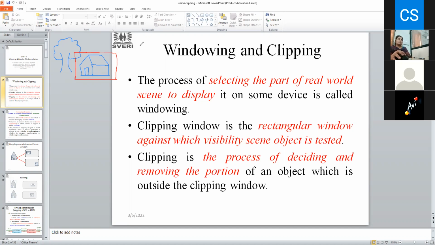So this whole scene is acting as a window while your mobile screen is acting as the viewport. Getting the difference? Yes, students. So the real world is considered as window and the picture on the mobile is considered as viewport.